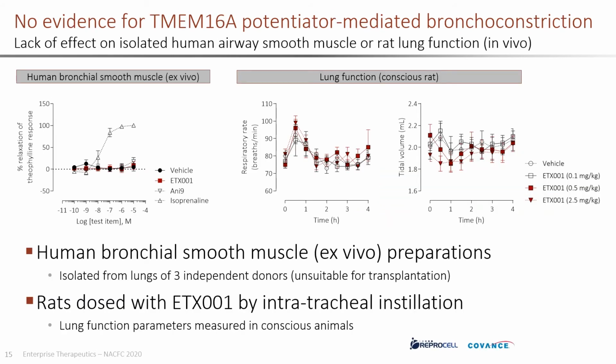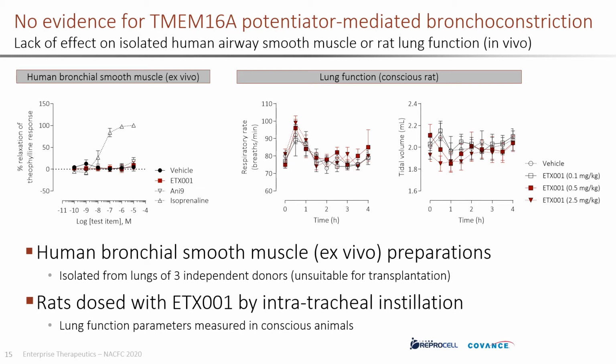And then finally, we have asked the question of smooth muscle contraction. And we've gone about this in two ways. Firstly, we've taken freshly isolated human bronchi, put them into wire myography systems, and put them under conditions whereby we can see both a relaxant and a contractile effect of any given agent.